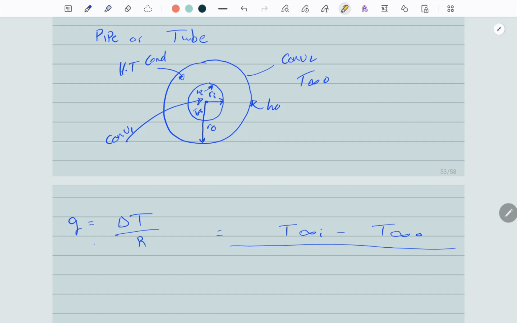So we have the first resistance inside, second resistance the cylinder, and the third resistance outside here.